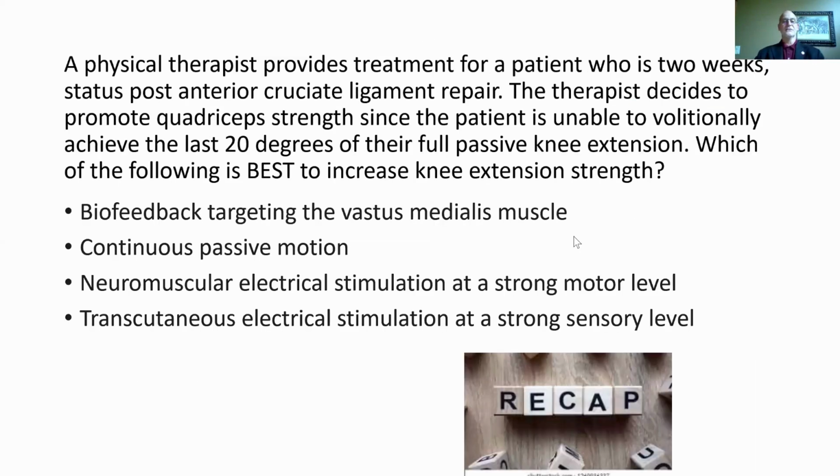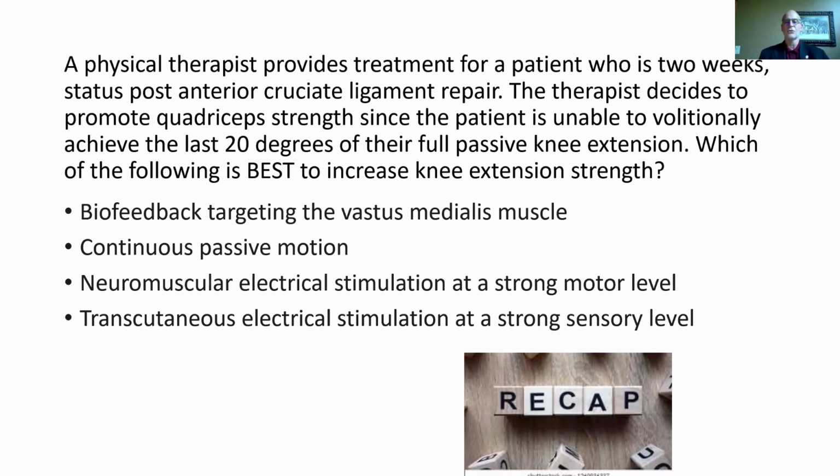So let's look at this. Hopefully this makes it a little bit easier. This is, again, one of the questions that we looked at. You'll see that in the clinical practice guidelines, like with people with patellofemoral pain syndrome, it'll specifically say, do not target the vastus medialis, because you really can't do that.